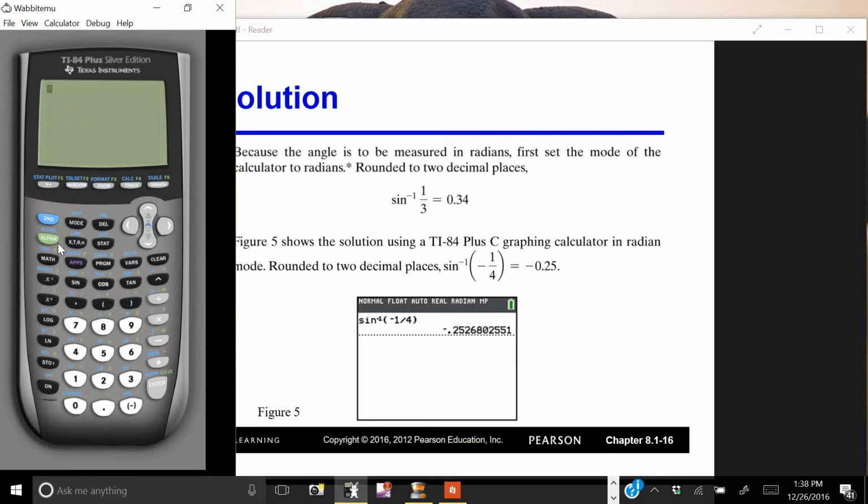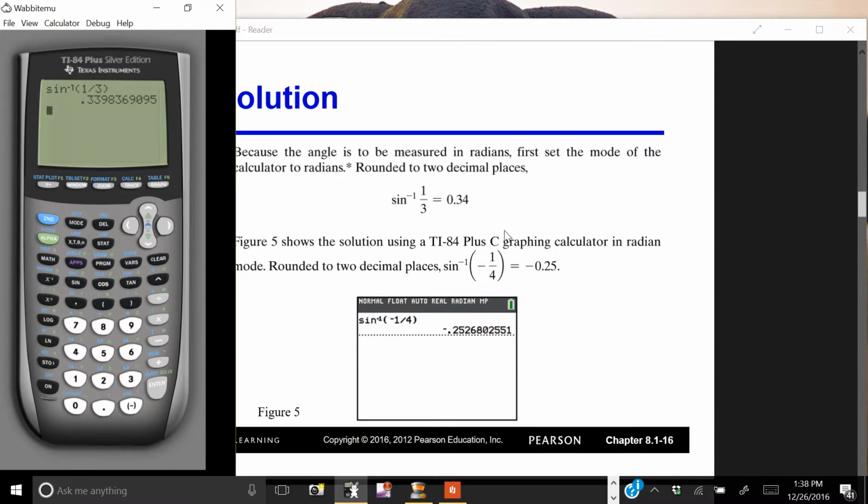So now do second sine, which is the inverse sine of 1/3. Hit enter, and you get, rounded to the nearest hundredth, 0.34.